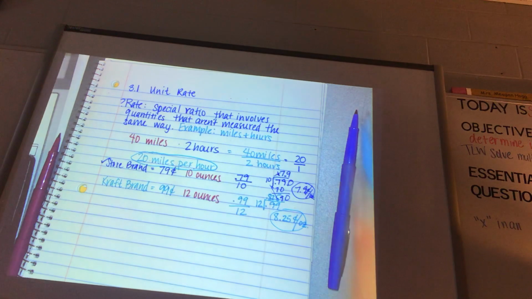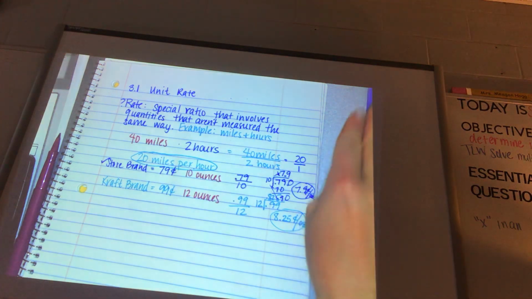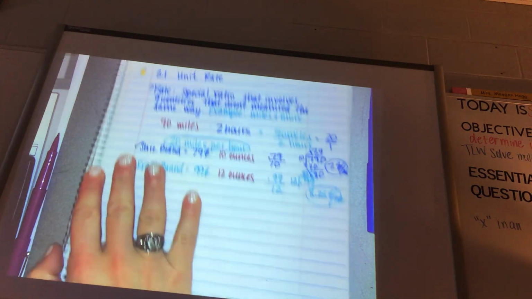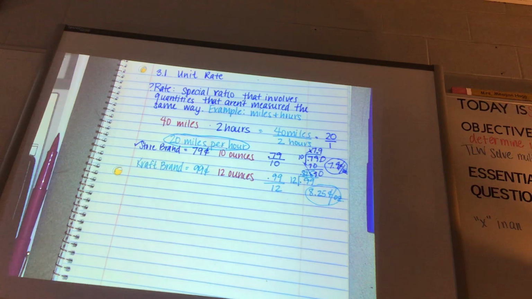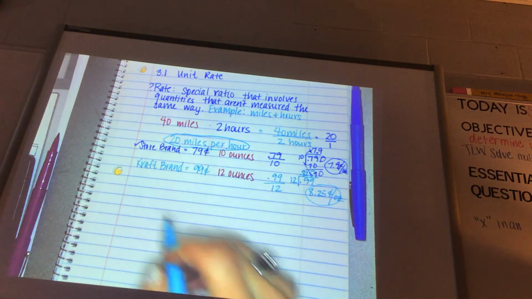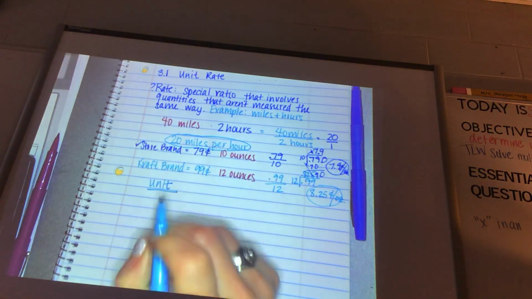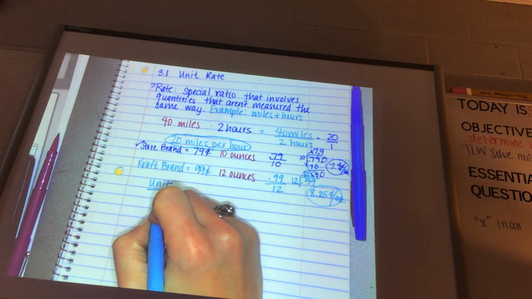So let's go over some unit rates that are interesting, okay? But before we do that, want to make sure in unit rate, you always have to have a unit and the rate that you're going at, it always has to be 1.